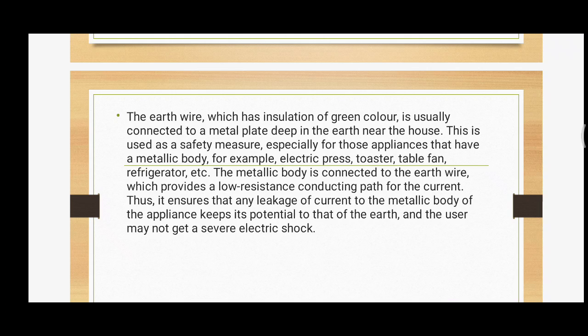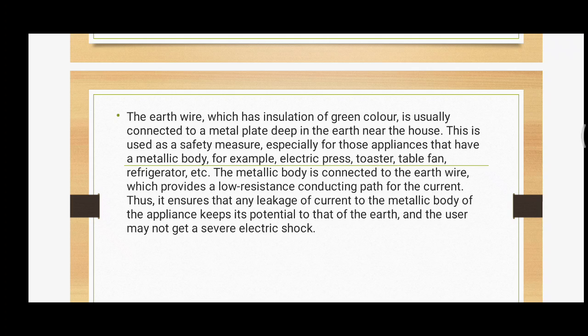A metal plate or a metal rod is deposited there and connected to the earth wire. The function is that whenever overloading or a short circuit happens, the excess current will be passed into the earth. We use earthing to avoid accidents, so the major purpose is safety.